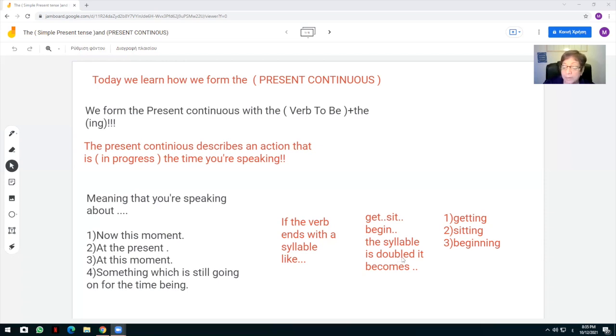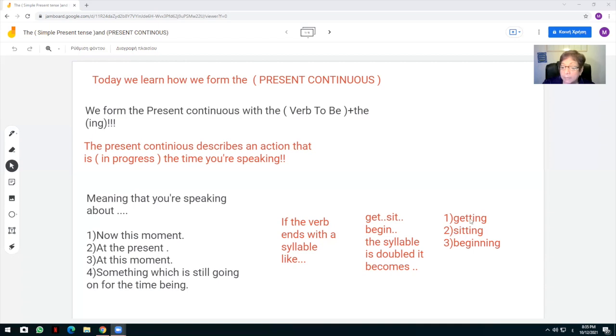Double time means 2 times. So the syllable is doubled. It becomes, in the present continuous, get becomes getting, begin becomes beginning, and sit becomes sitting.